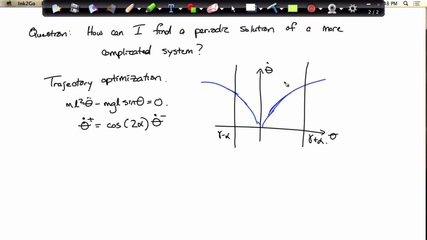Okay, so we can do trajectory optimization on this. If you think about what it takes, let's do one of the direct methods. We could do a direct collocation or a direct transcription. But my state space here, of course, is just theta and theta dot. You can imagine listing out decision parameters.